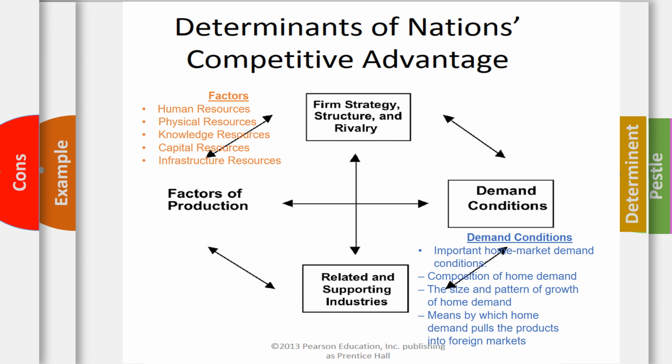The demand conditions from the end consumer will put a lot of pressure on companies to keep on changing and innovating. Also, if you've got early market saturation within an industry, then that again is going to lead to greater competition and greater demand for innovation and change.